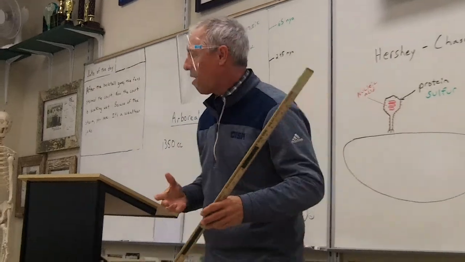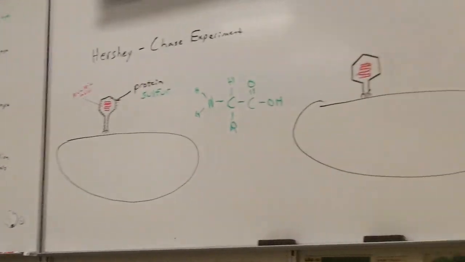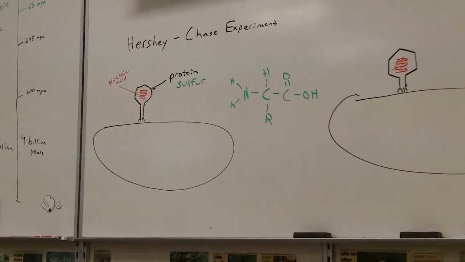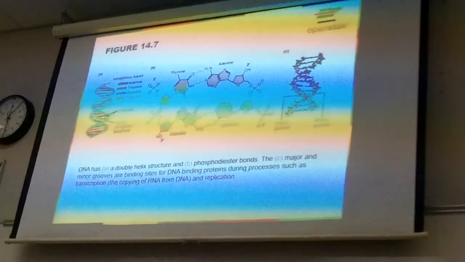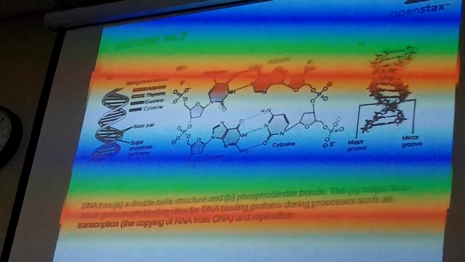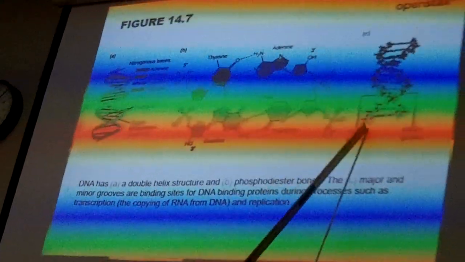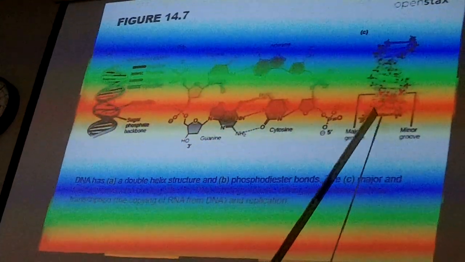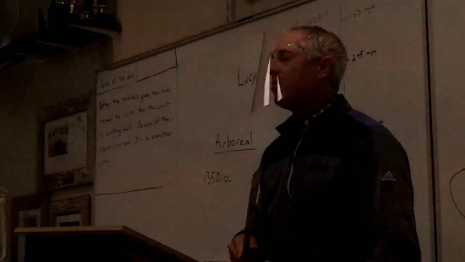And that's the model of DNA that we have. And only recently, in the last 10 years, this is kind of cool, have they developed microscopes that could see the structure of DNA as they had come up with. They said DNA is a double helix structure that looks like this. And they got the Nobel Prize for figuring that out.